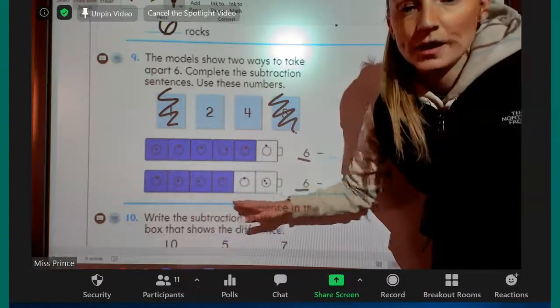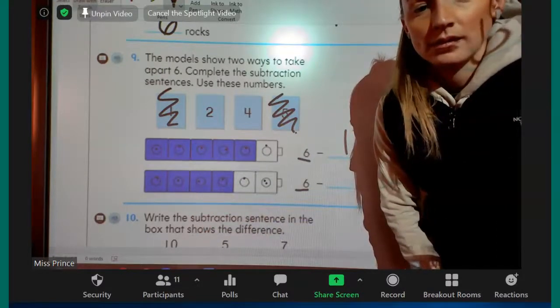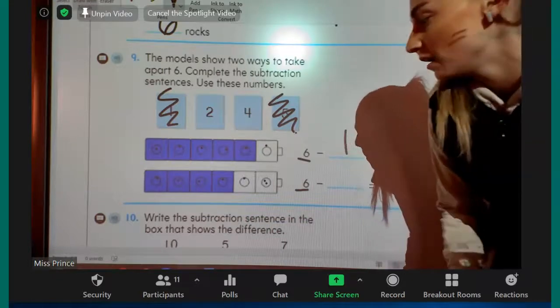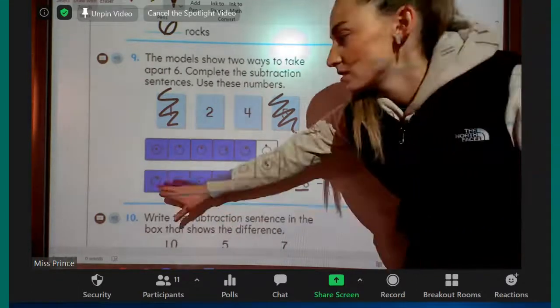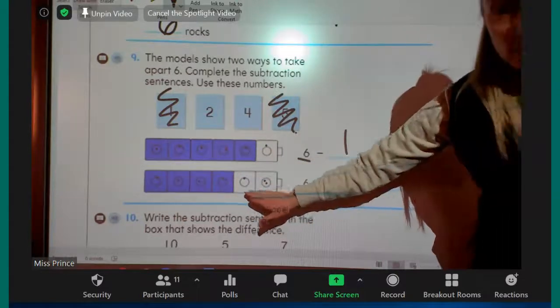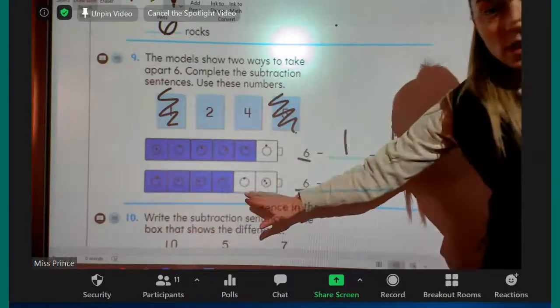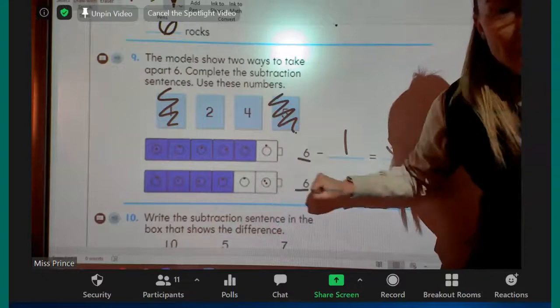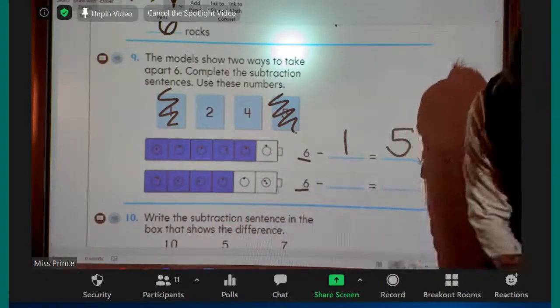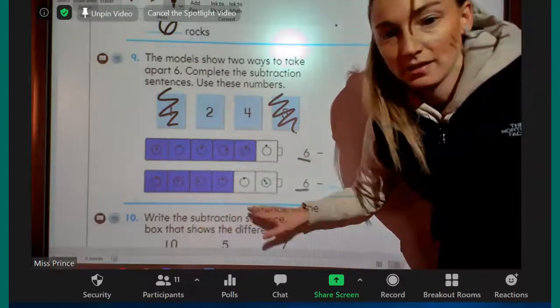Do you see this in your book? Okay, you're going to help me figure out this problem, okay? So, we have 6 all together right here, but the ones that are white are the ones that got taken away. So how many did they take away in this problem, Samantha?